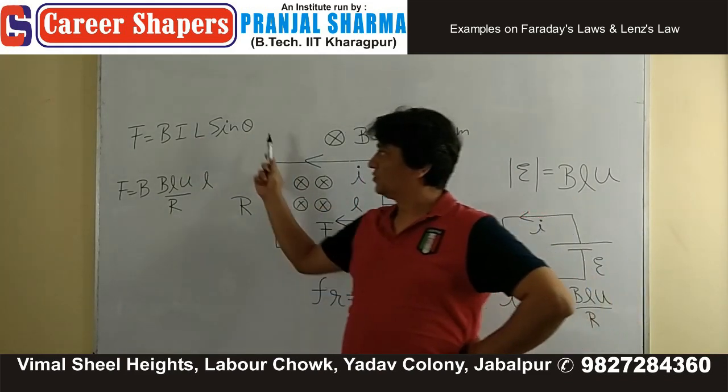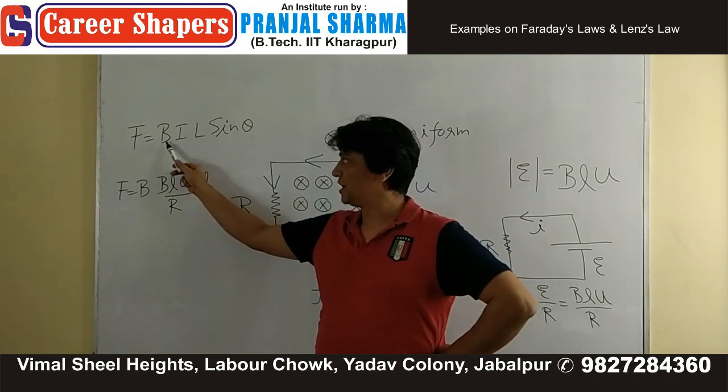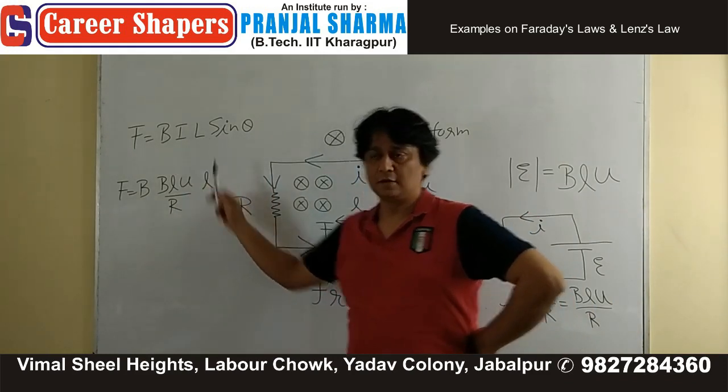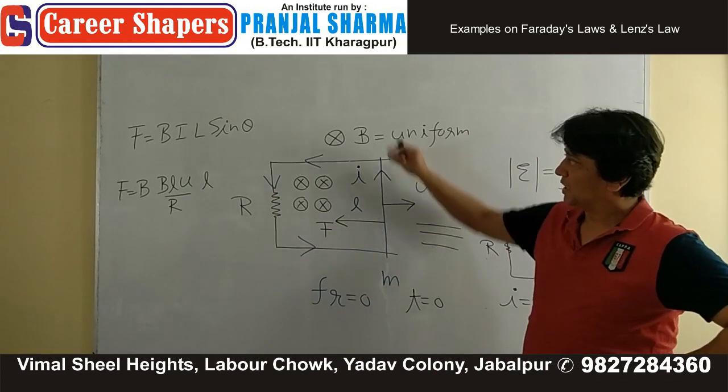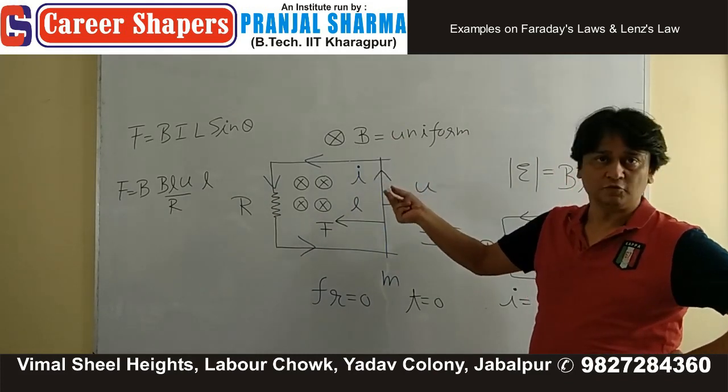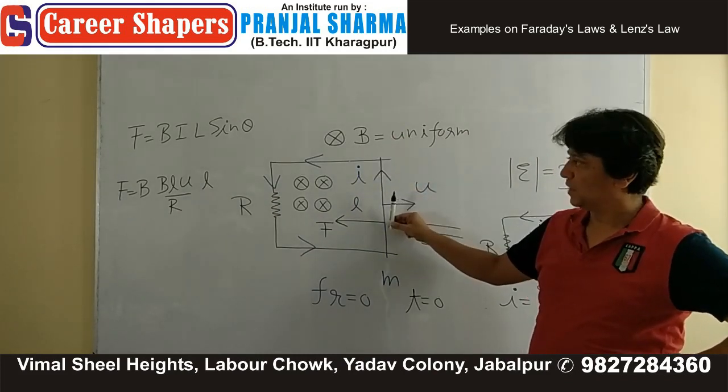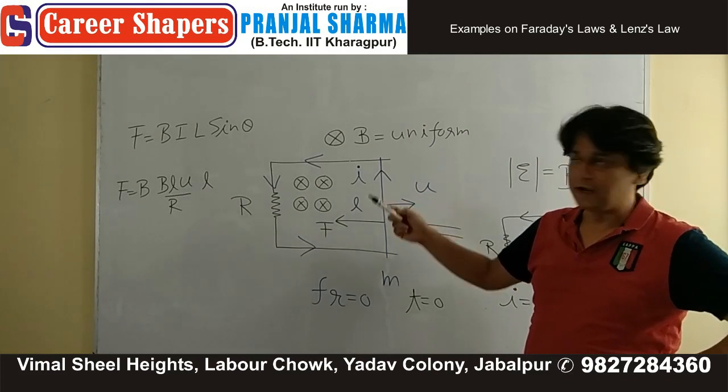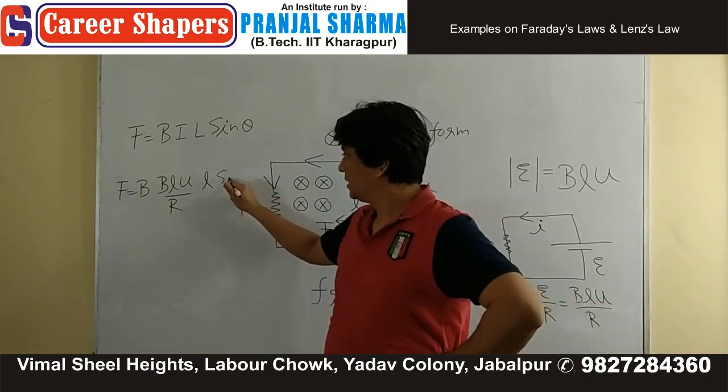What is theta? Theta is angle between magnetic field and length vector. What is the angle between magnetic field, which is pointing in, and length vector? 90, sine 90.